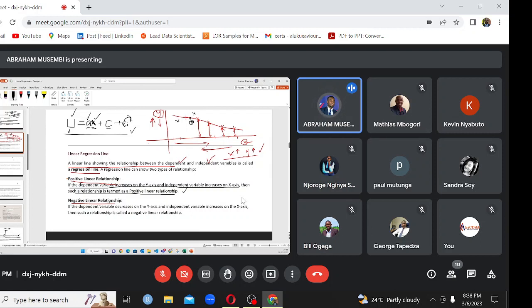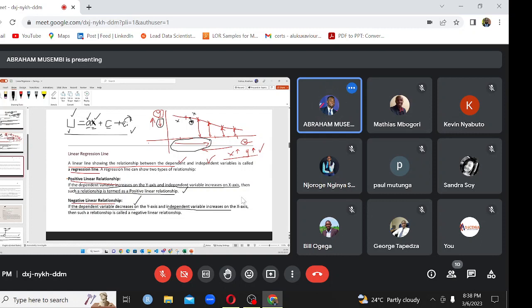For a negative linear relationship, if the dependent variable is decreasing along the y-axis, then the independent variable is increasing on the x-axis. As y is decreasing, x is increasing.